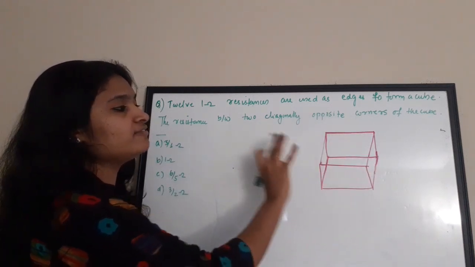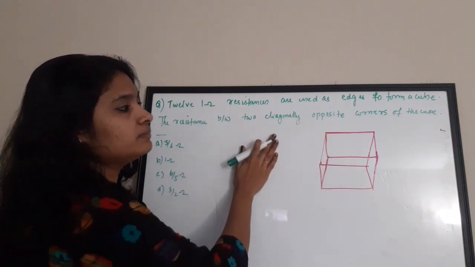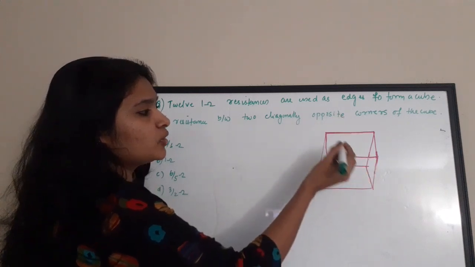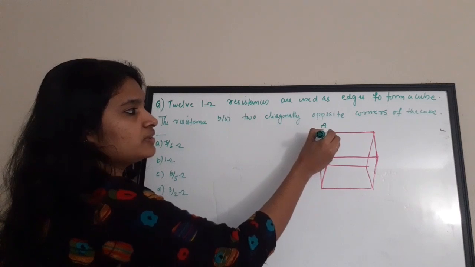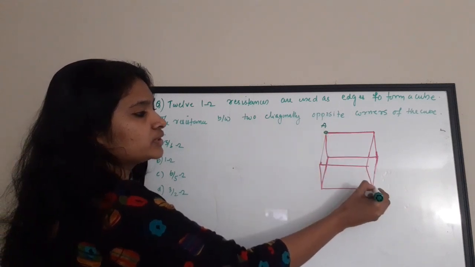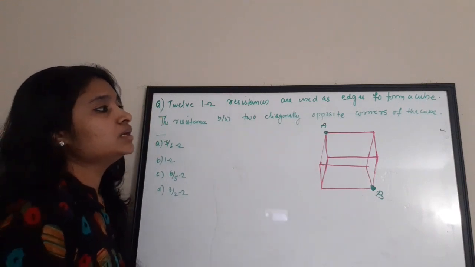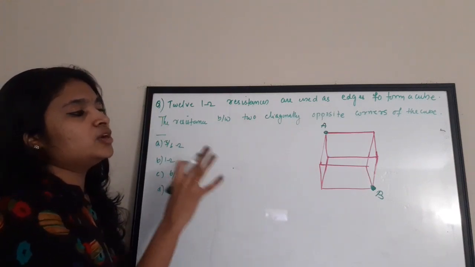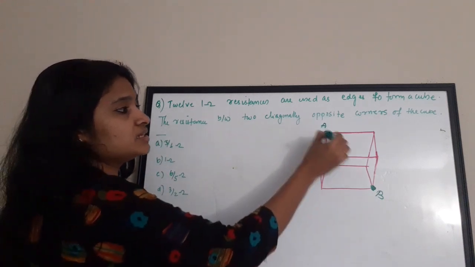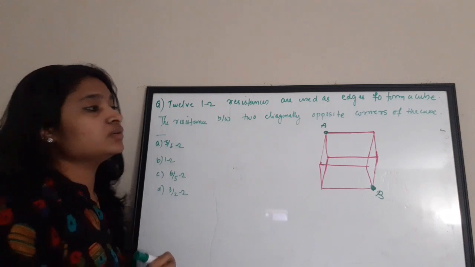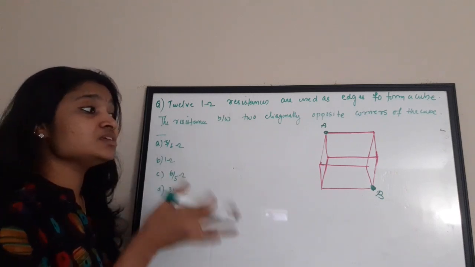We need to find the resistance between two diagonally opposite points. If you take a point here, let this be A. The diagonally opposite point, I'm not drawing dotted lines, is B. What is the equivalent resistance between these two points? How do we actually find it?